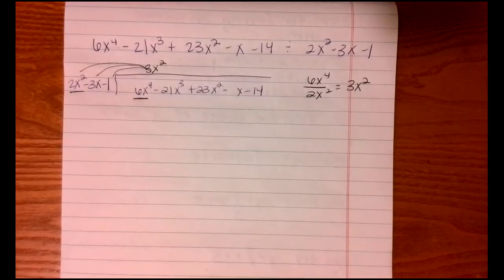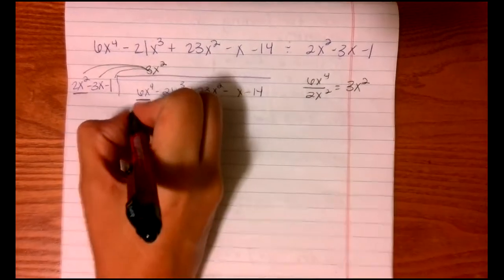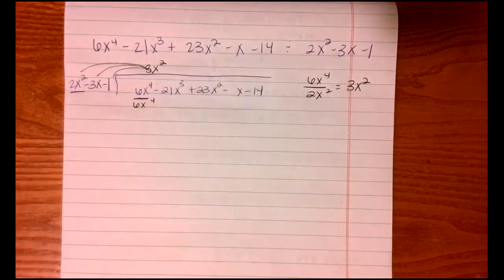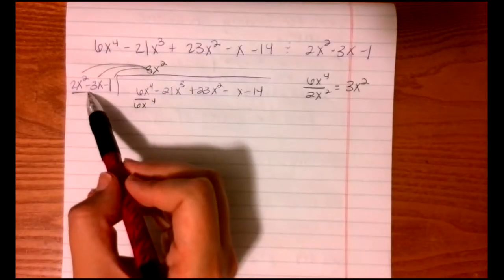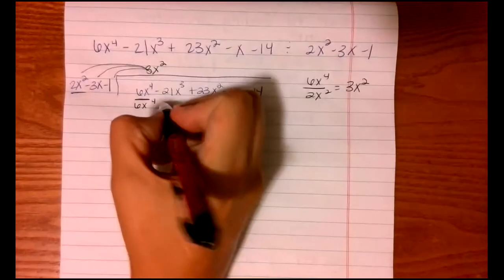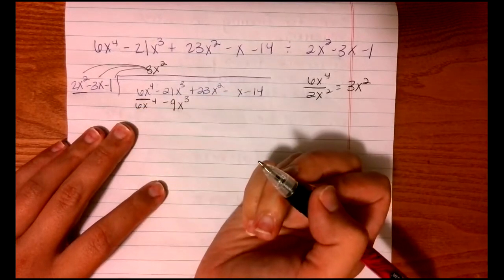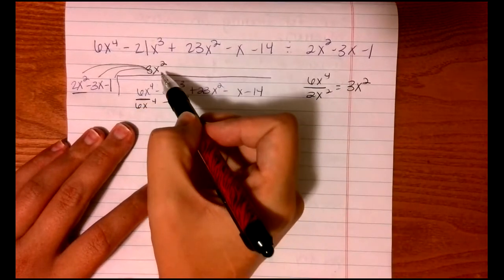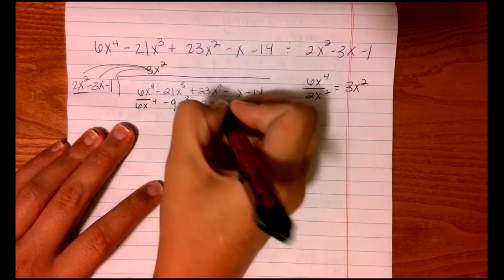So 3x squared times 2x squared gives me 6x to the fourth, which is good, it's supposed to. 3x squared times negative 3x is negative 9x cubed. And then 3x squared times negative 1 is negative 3x squared.